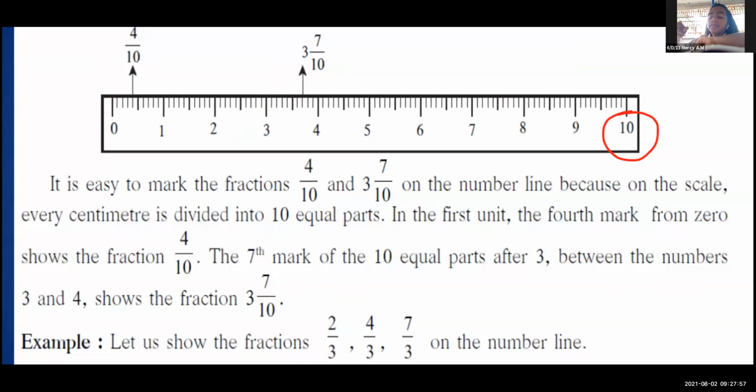The seventh mark, now this is the seventh mark, because the small line is on the seventh one. So it will be between 3 and 4, but it is the 7th upon 10. So we will write it as 3 7 upon 10.